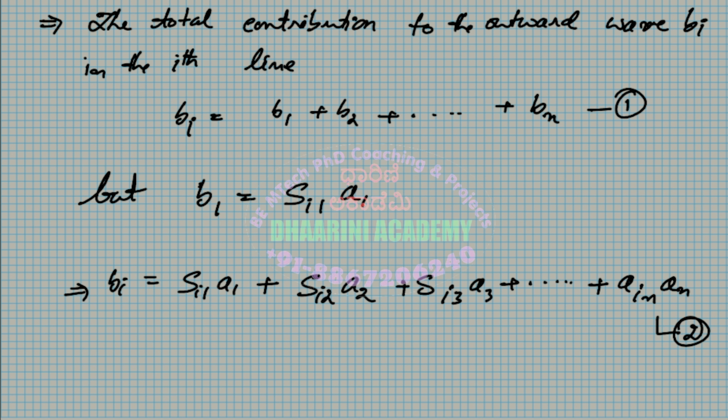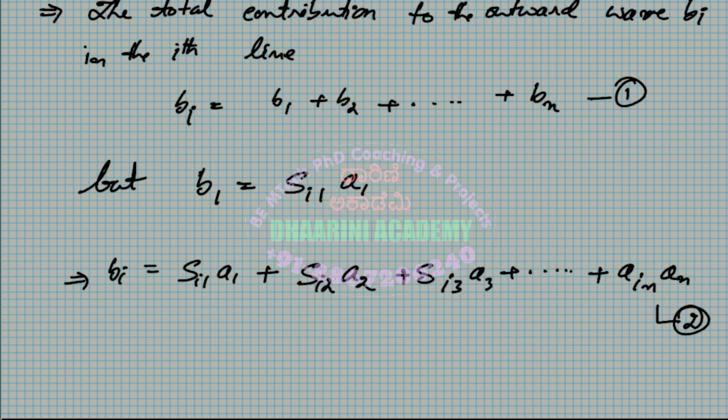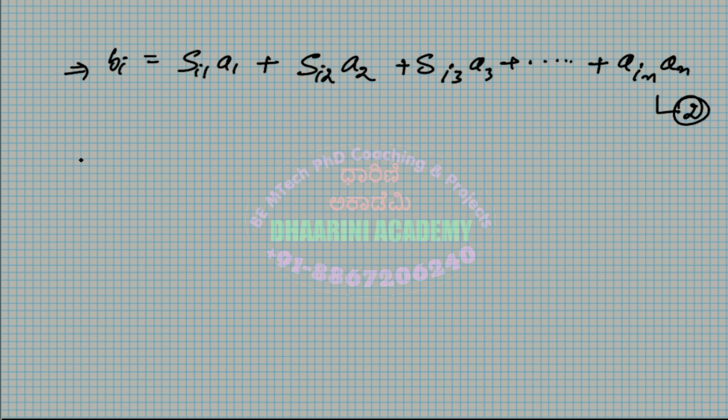Now I will try to expand this equation. So I can vary i from 1 to n, correct? I'll give you an explanation here.